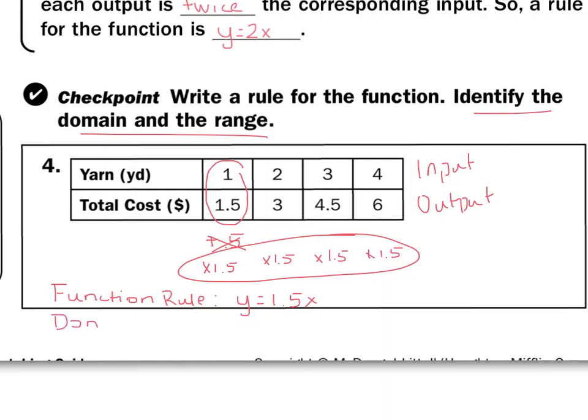The domain refers to our x's, or our inputs, so 1, 2, 3, and 4. And the range refers to our outputs, which is 1.5, 3, 4.5, and 6. And that concludes lesson 1.6.